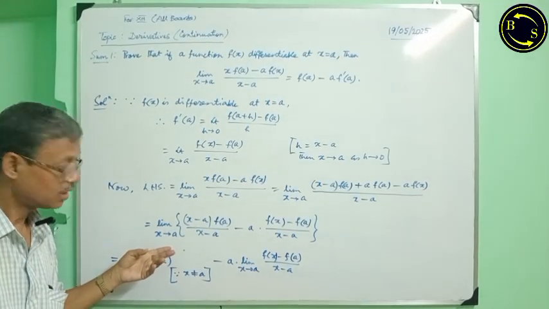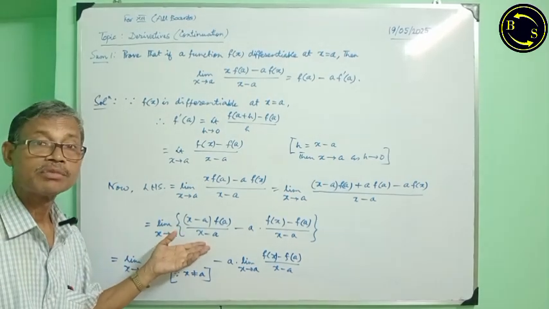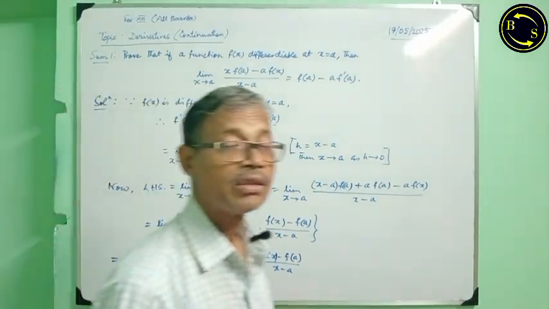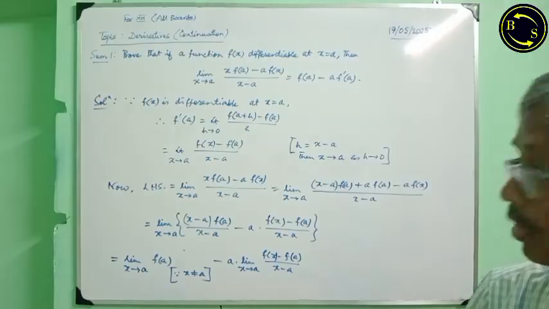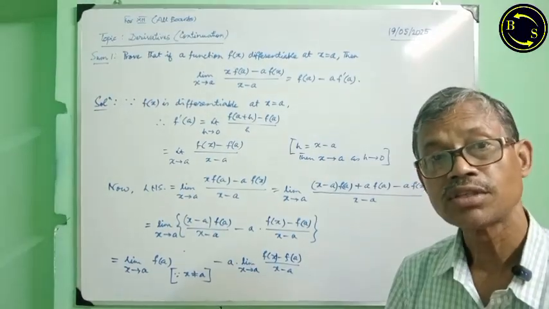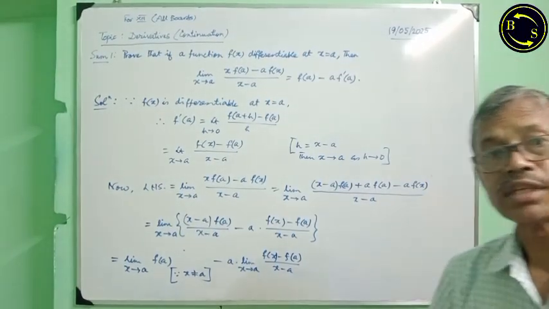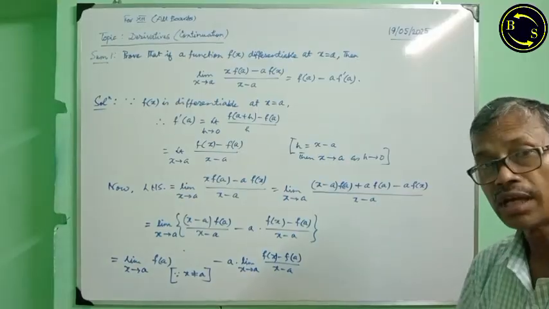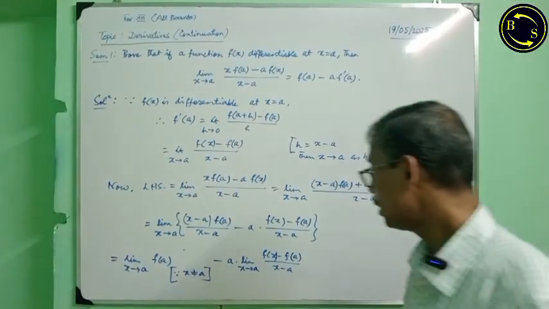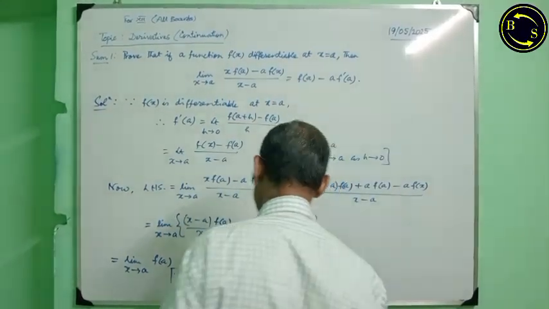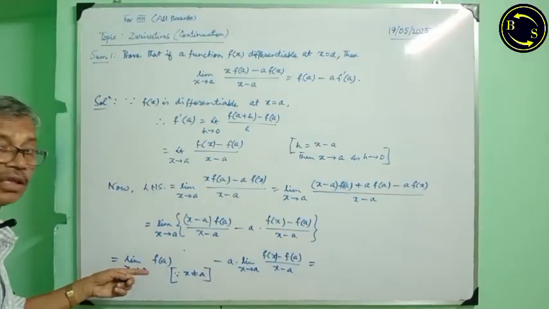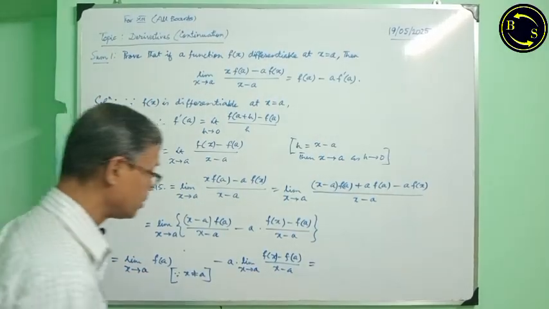Limit x tends to a, say gx plus hx, that is equal to, as per the theorem of limits, limit x tends to a gx plus limit x tends to a hx. I have applied that, and since fa is constant, therefore limiting value will be fa.